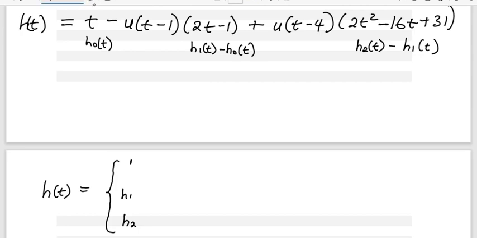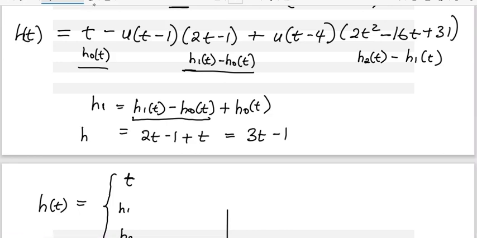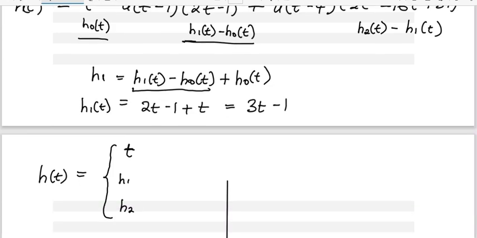So I'm going to put it here, t. For h1, we can find h1 by combining this, and that will be h1 of t minus h naught of t plus h naught of t, and this term is 2t minus 1 then plus t, so this will give us 3t minus 1 as our h1 of t, and we'll put that down here, 3t minus 1.